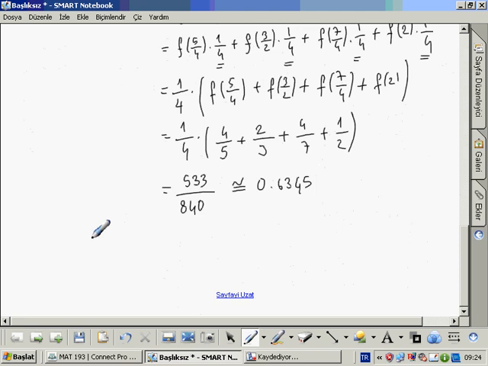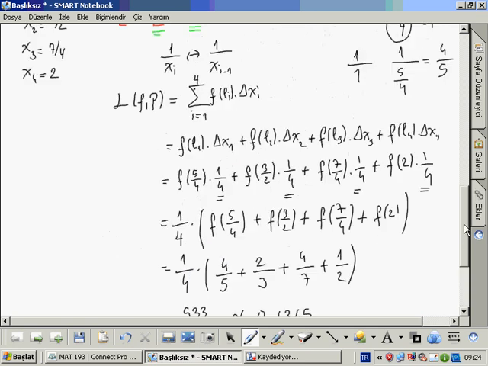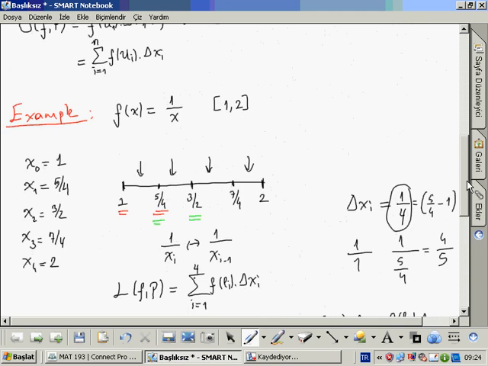Let's continue with the upper Riemann sum. It will be 1 over 4 times, if you're talking about the upper values, the left value will be larger than the right value.